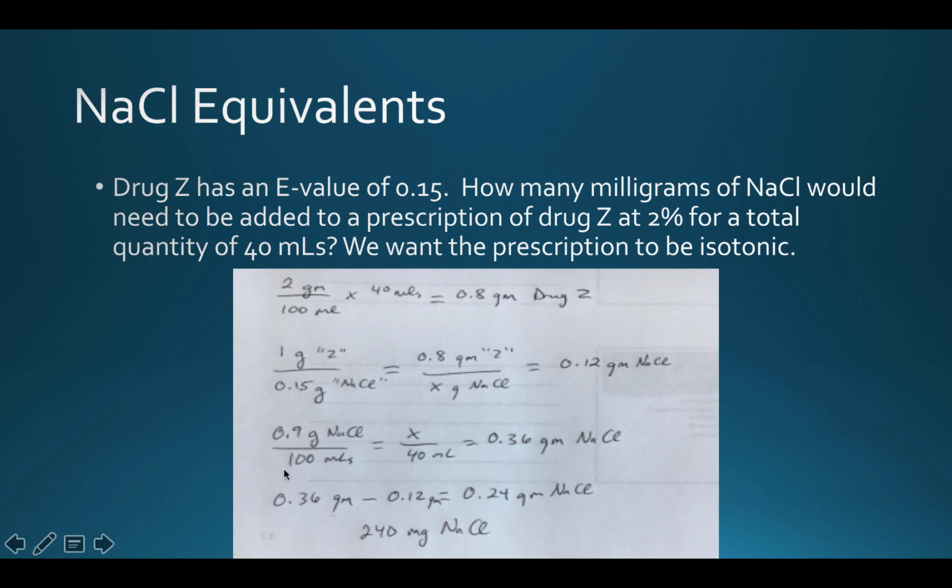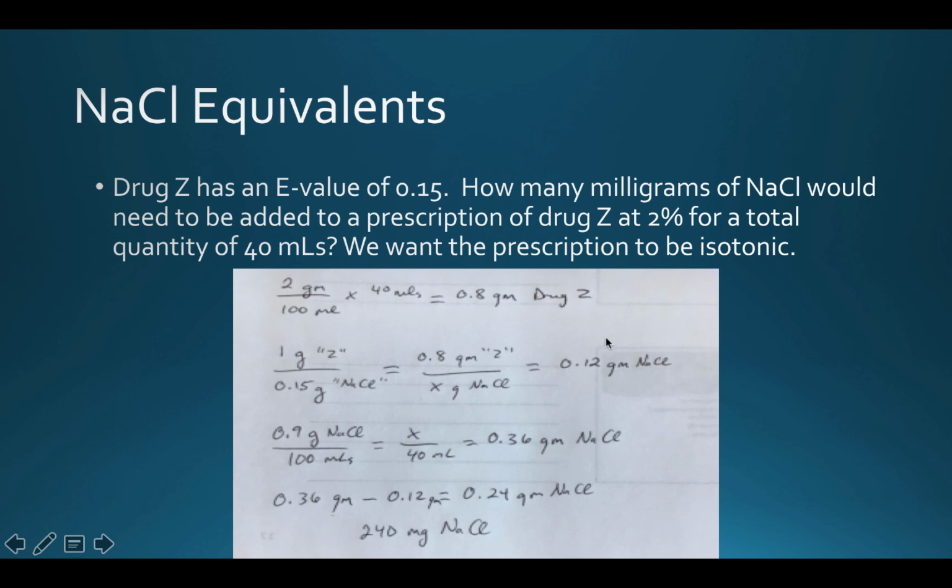Now we've got to figure out what it's going to take for isotonicity. Isotonicity is 0.9 grams of sodium chloride per 100 mils, but we don't have 100 mils. We have 40 mils. So we want to figure out how much sodium chloride we need for isotonicity in 40 mils. So solving for that X, we get 0.36 grams of sodium chloride.